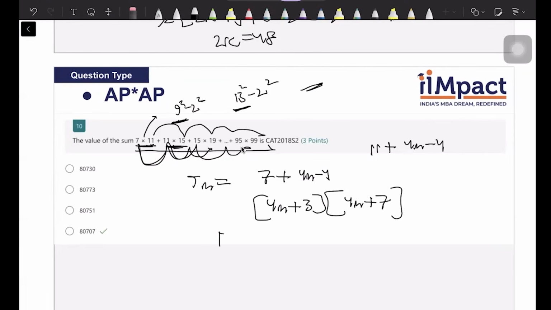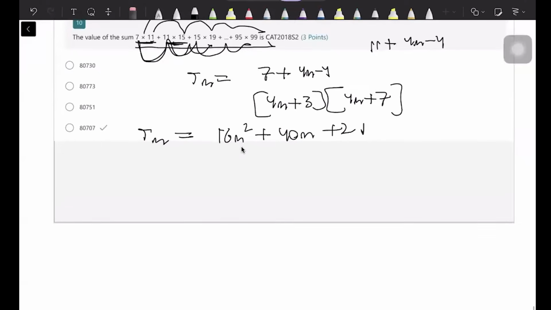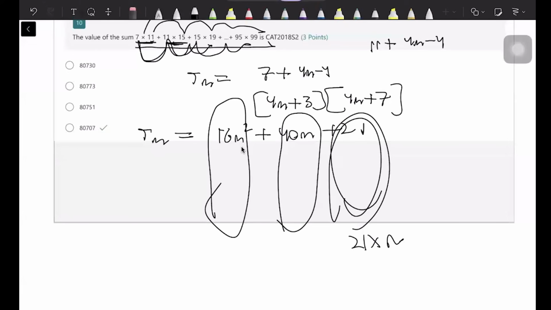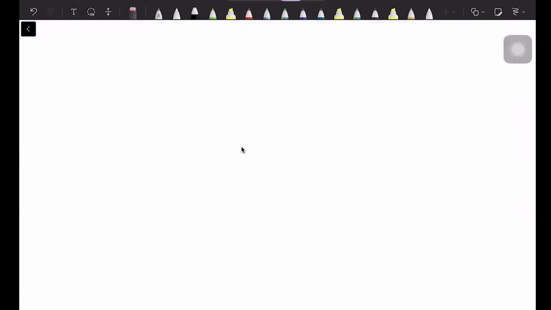So now you will write this as 16n square plus 40n plus 21. This is Tn. So when you add this, you will find the number of terms. Then you will put this as 16 into sum of first n squares plus 40 into sum of first n numbers plus 21 into n. Don't forget this constant. Whatever this turns out to be will be your answer.